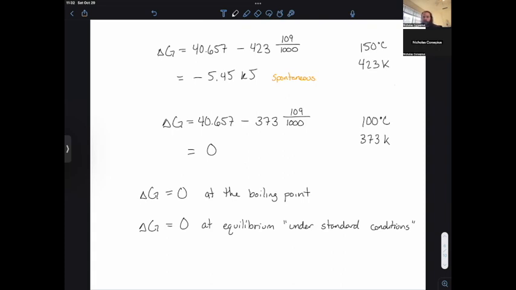For right now, simply put, it means that you have equal amounts of that liquid and gas phase. Okay, so when you're at that melting temperature, when you're at that boiling temperature, you're at equilibrium between the gas and the liquid phase. If you were in this closed system, there would be equal amounts of both of them, right? So that's why delta G is 0 at the boiling point.